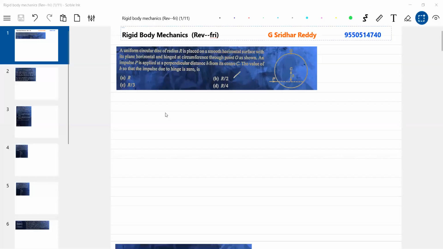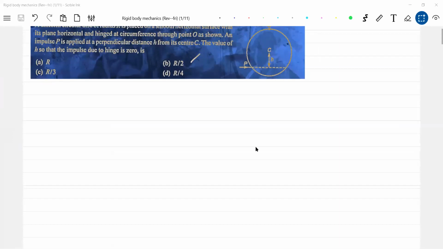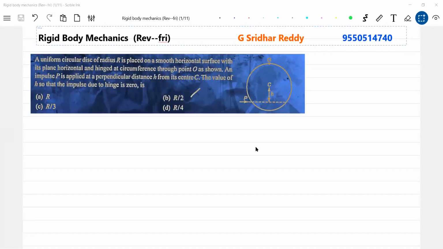Why is the number of students very less? Any reason? Any other exams? Anybody writing? Exams are there, sir, but in all the classes, strength is less only, sir. Which exams do you have? On 30th, we have KVPY, sir.